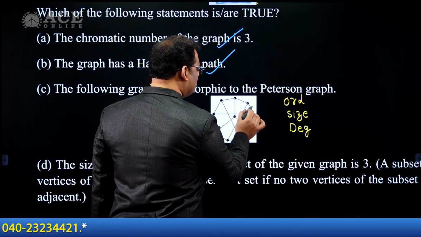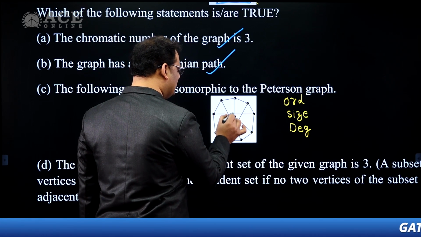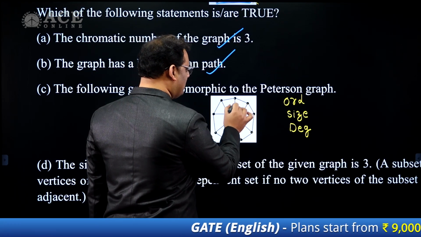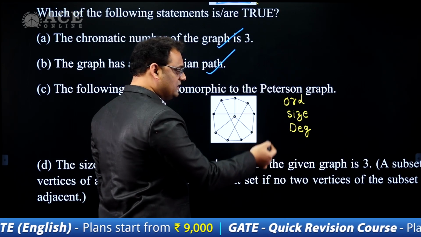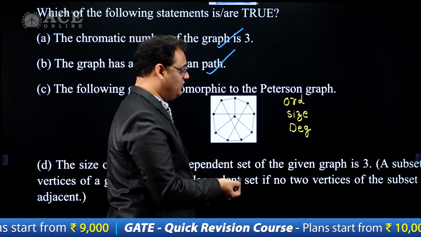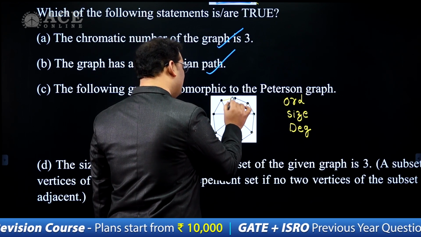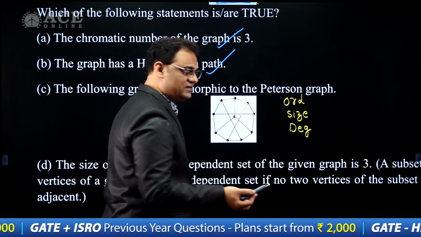So 1, 2, 3, 4, 5, 6, 7, 8, 9, 10 vertices. Ten vertices, and the edges are also the same, 15 edges, just like in Petersen's graph; the same number of edges are available here also. And degree sequence: every vertex is of degree 3, a 3-regular graph, right?